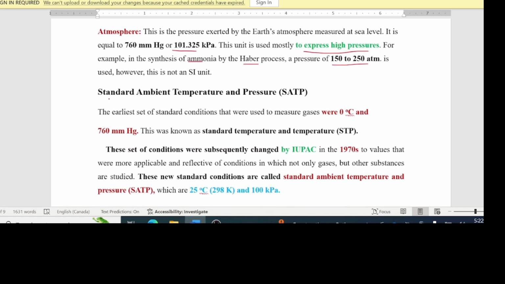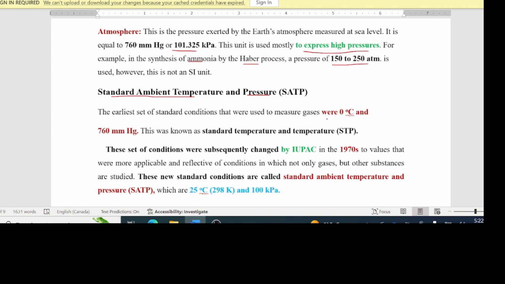Finally, we have to report under what conditions of temperature and pressure certain experiments are done. For example, if you want to tell somebody about the volume of a gas that you collected, say in Canada, you have to tell the person at what temperature and pressure you collected this gas, because both temperature and pressure affect the volume of a gas.